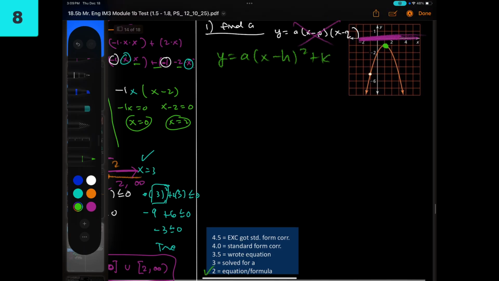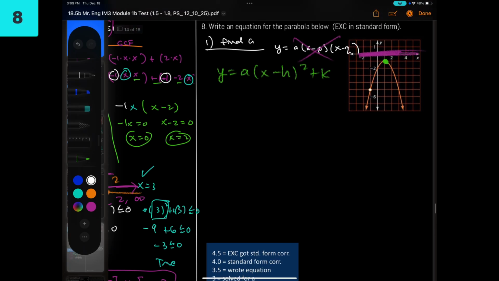Now you can just figure out what you have. Well, the vertex is (1, -1), so h, k is right 1, down -1.